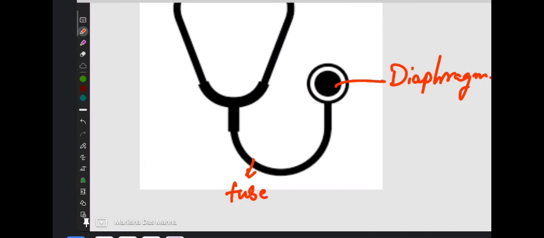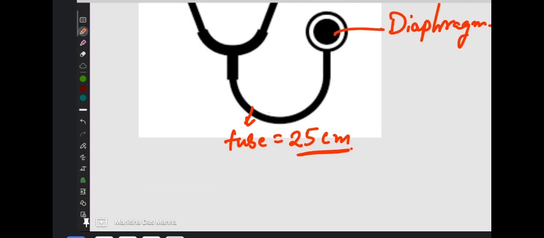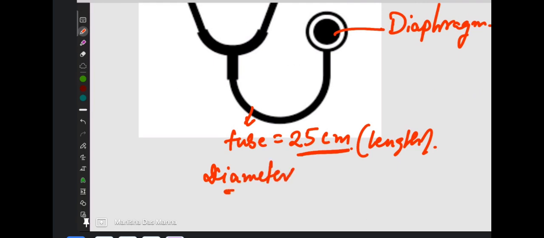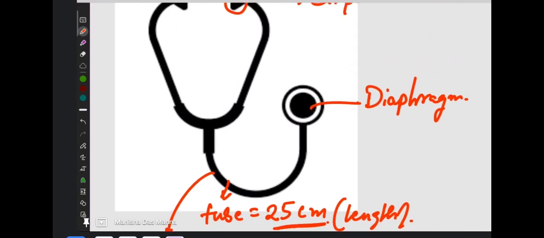Ideally, this tube must be 25 centimeter in length, and the diameter of the tube must be 0.325 centimeter.